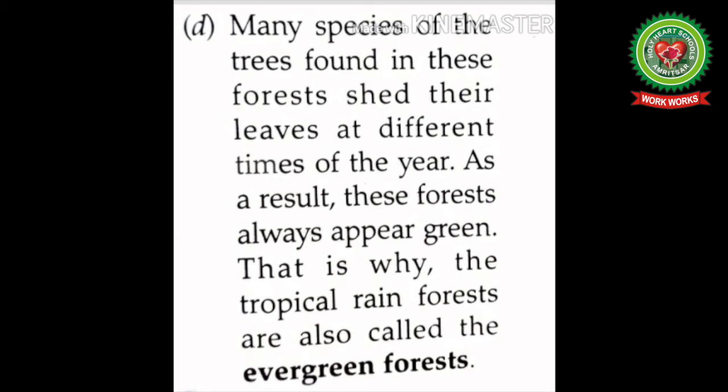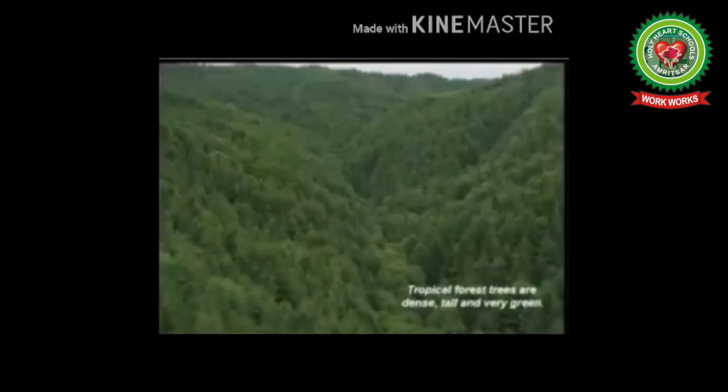That is why the tropical rainforests are also called evergreen forests. Students, the trees are evergreen as there is no period of drought. They are mostly tall and hardwood. They occupy about 7% of the earth's surface. These trees are an important component of the forest biology and ecosystem.